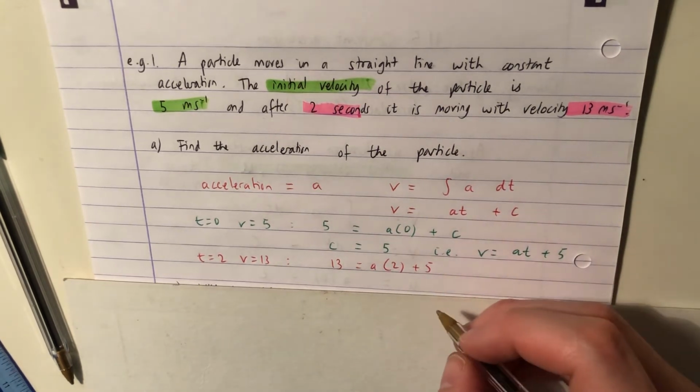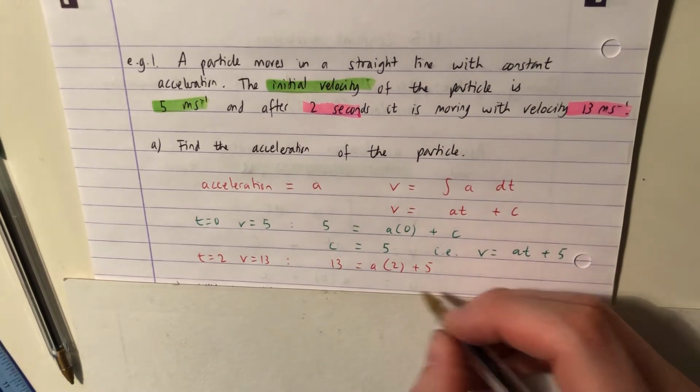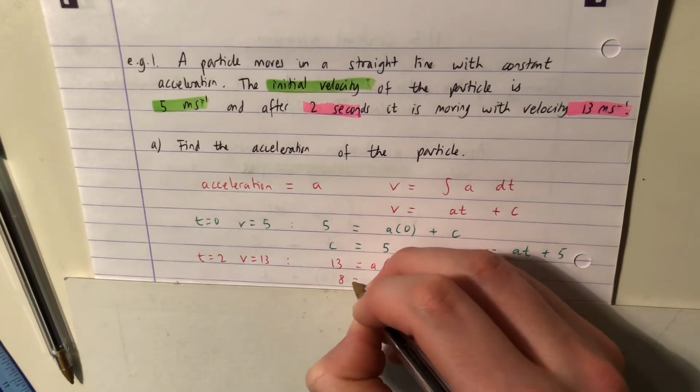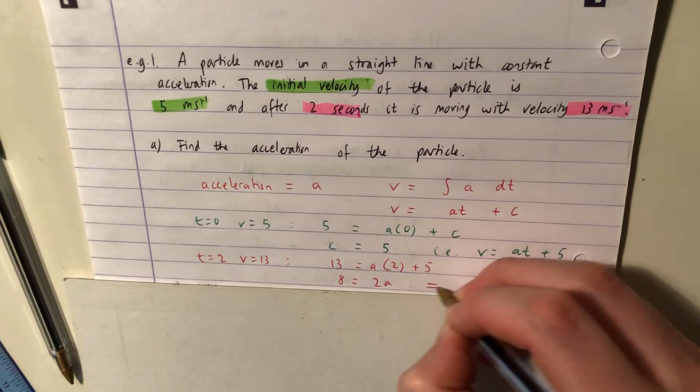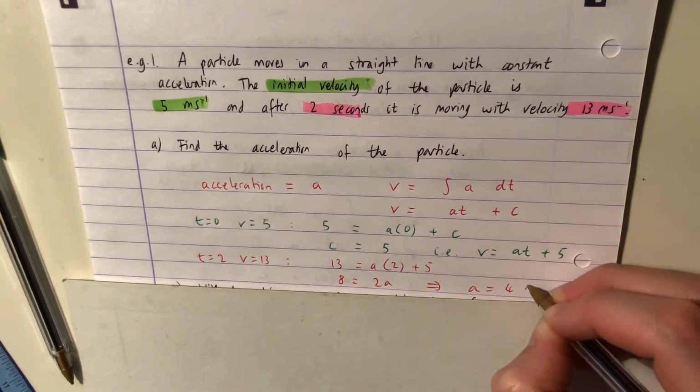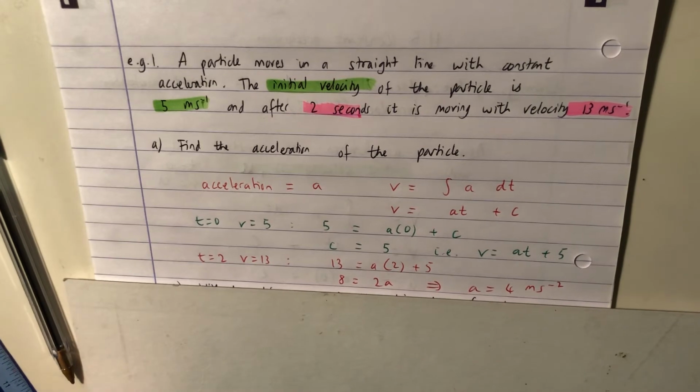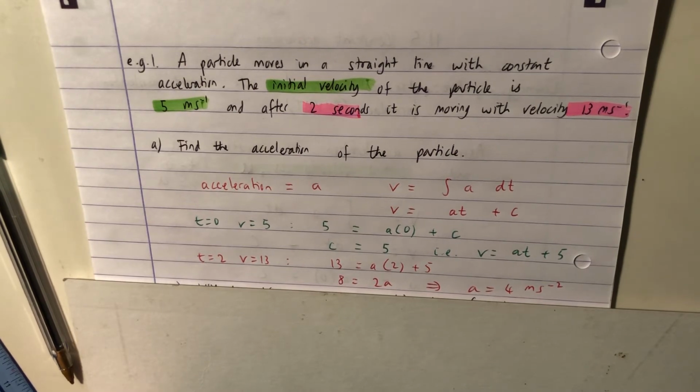And if you make a the subject, we subtract 5, you get 8 is equal to 2a, which gives you a is equal to 4 meters per second squared. And I managed to work out the acceleration using just integration and differentiation, no SUVATs at all.